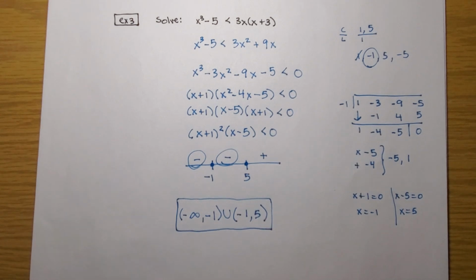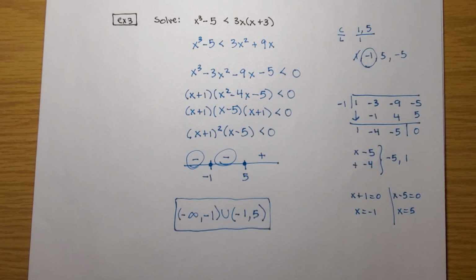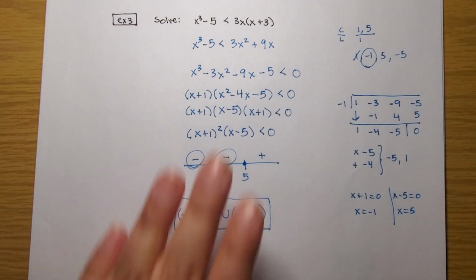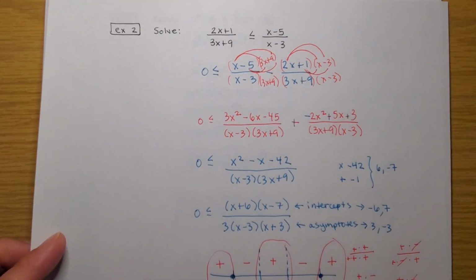So if you are looking for some guidelines for solving nonlinear inequalities, I would say they are first, get everything together on one side by adding or subtracting stuff. That's what we did here. And that's also what we did in the previous example.